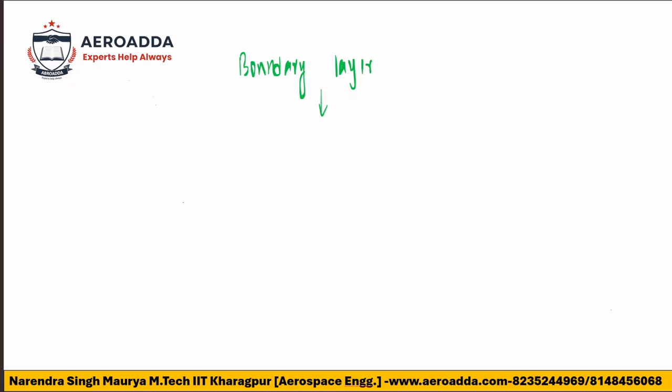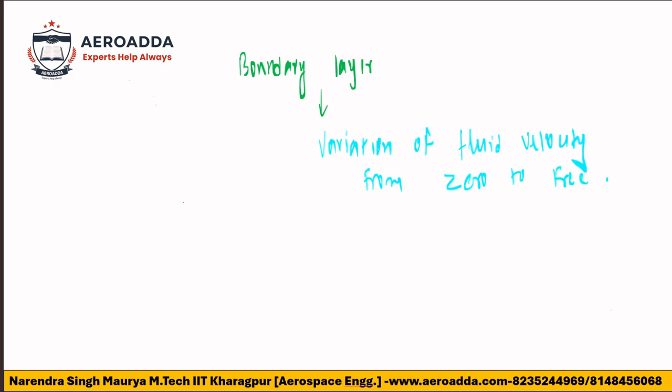You can say this definition: the variation of fluid velocity from 0 to free stream velocity. Free stream means 99%, not exactly the same.